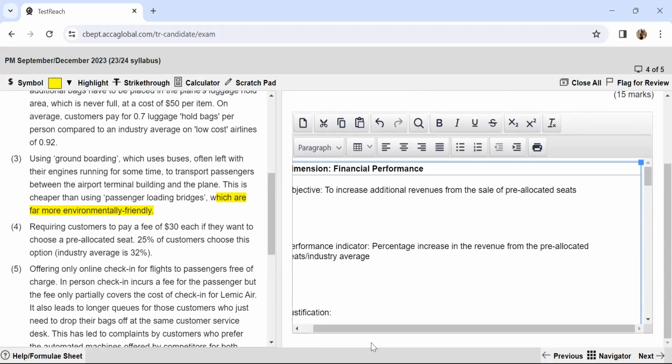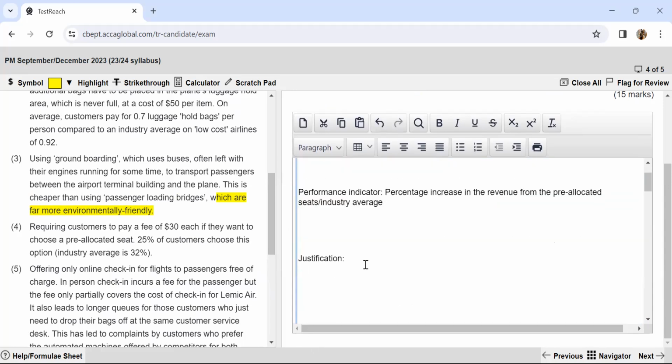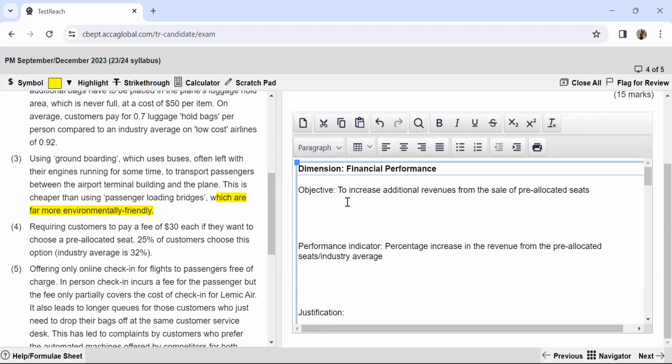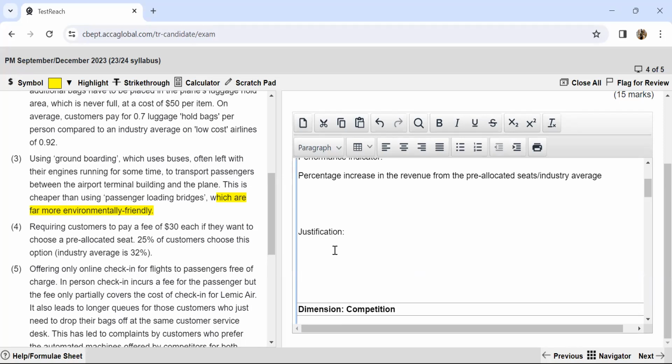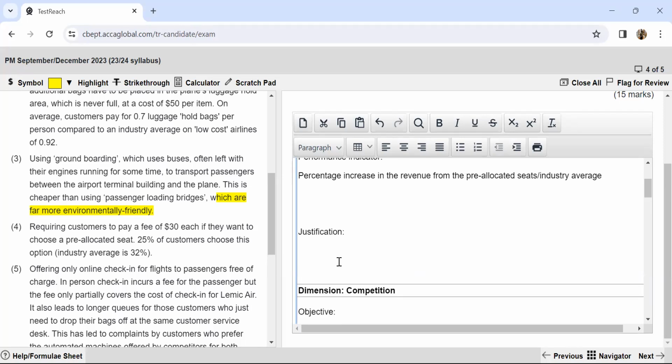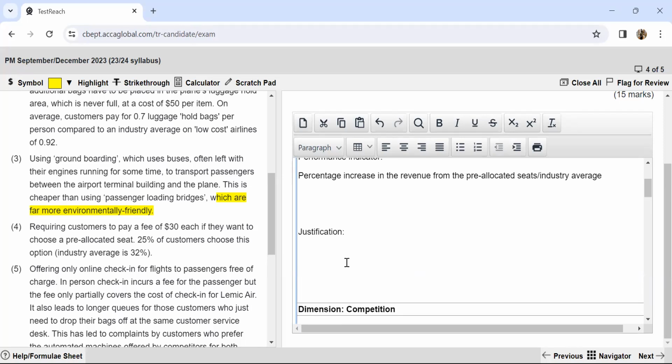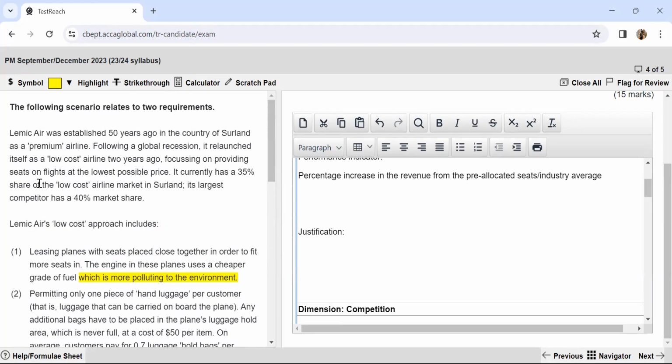Right. So now we also have to give the justification for why we are saying this. To format your answer more neatly, you can take these points in the next line also. So how can we justify this? We know that this company, Lemic Air, is charging low prices for the flights. We are in the low-cost airline market.